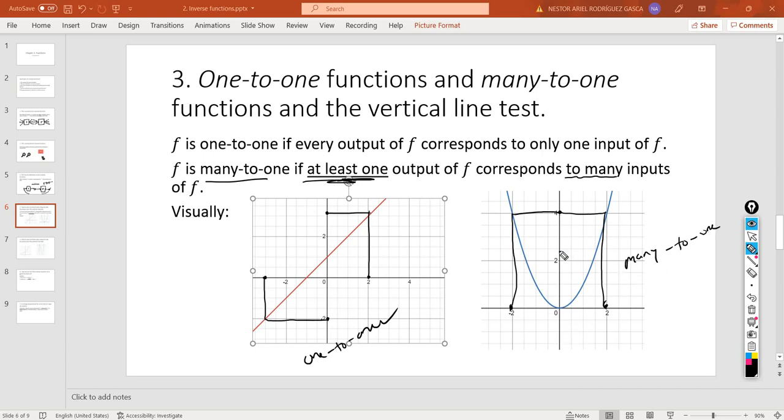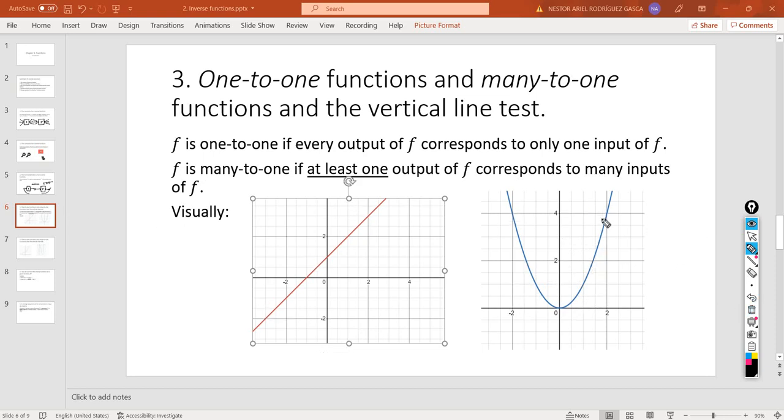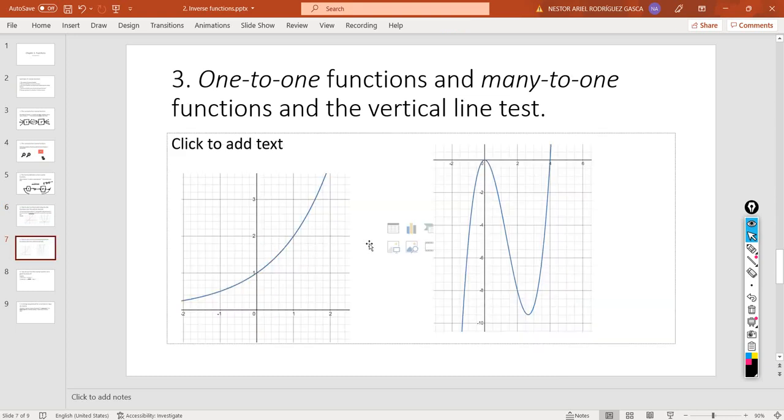In this case though, the same is going to happen for any other output that I choose. If I choose this output, this corresponds to 2 inputs, and the same for any other output. Same with here, right? If you do the same exercise, you will find the same.